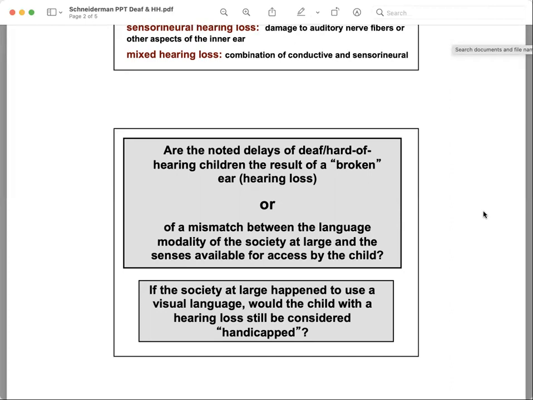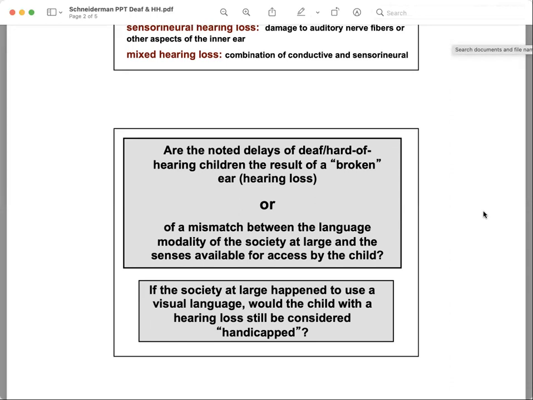Or is it just that it happens to be a mismatch between the language modality that a child has and that society at large uses, which is talking and speaking, and that's not accessible to the child? So is it the mismatch that's the problem?